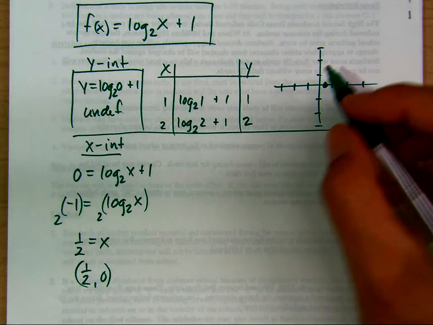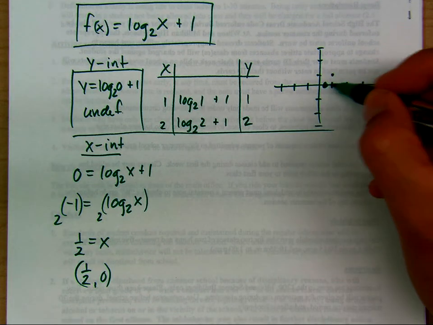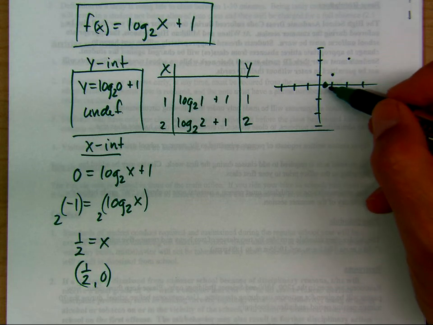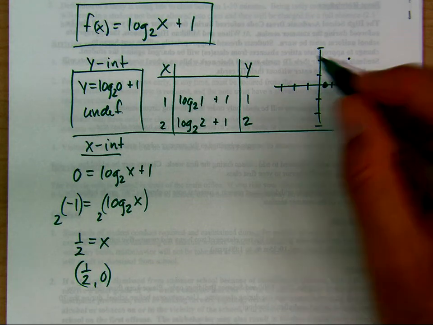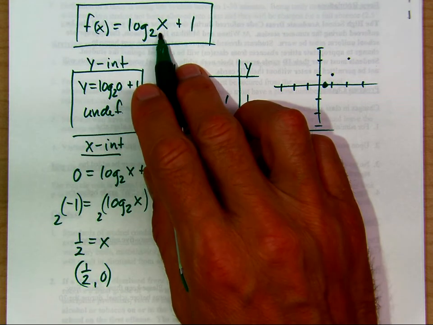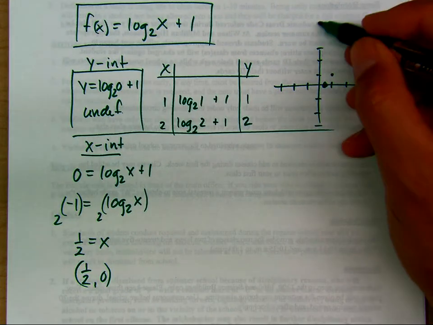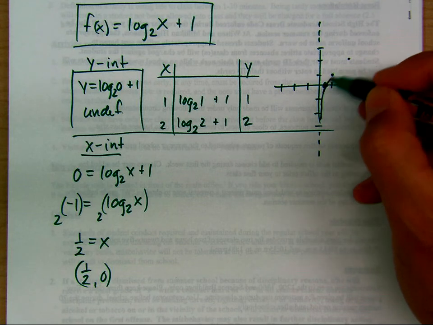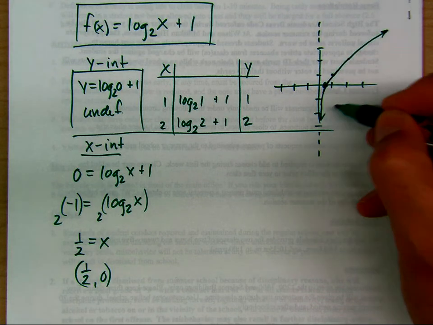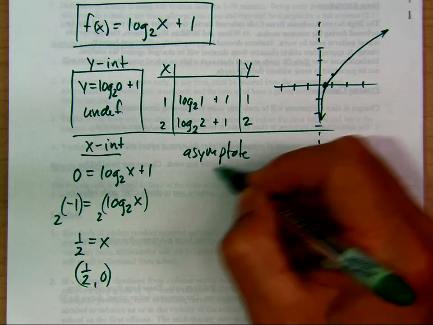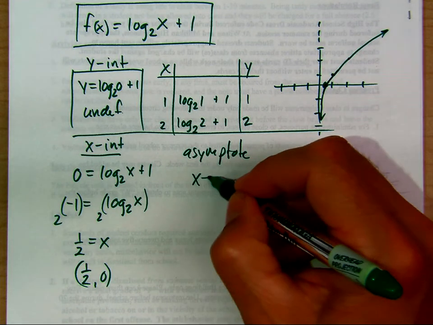So we have 1, 1, 2, 2, and the x value that makes this undefined is 0. So we know there's an asymptote at 0. And once you know the asymptote, you'll know that this is going to curve like that. The asymptote is x equals 0.